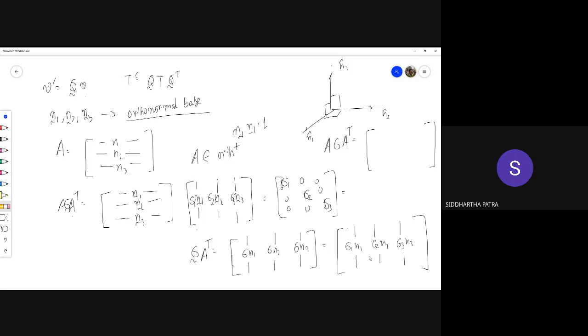Now let us do a simple derivation to understand what doing A sigma A transpose means.